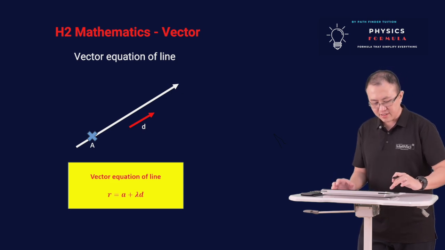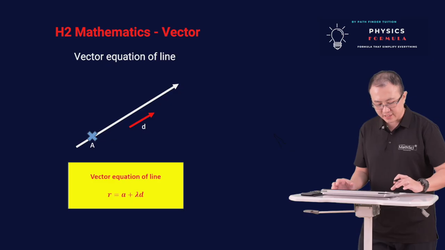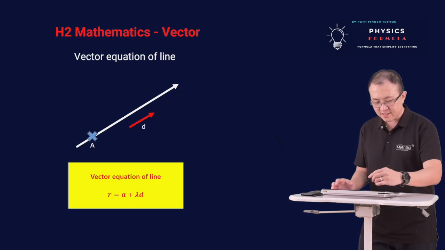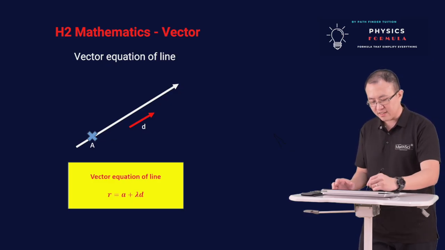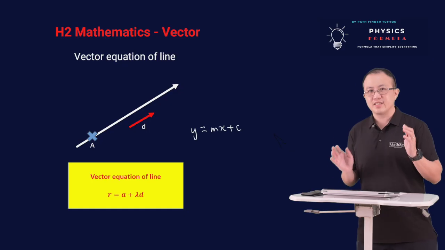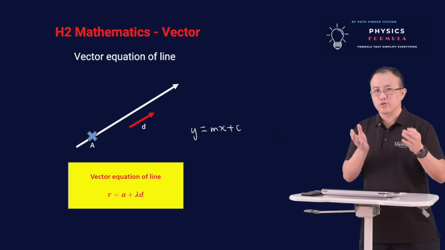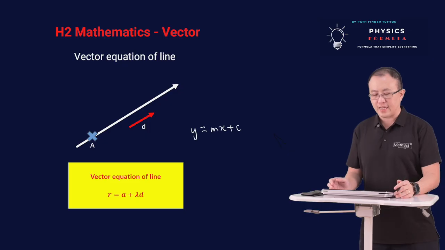So it's quite similar to your coordinate geometry. Remember coordinate geometry? Let me change the color of the pen first. Okay, I think in the last video the color was a bit off also. So y equals mx plus c, remember? In y equals mx plus c, the m gives a direction and the c talks about a unique point that's specific to the line itself.